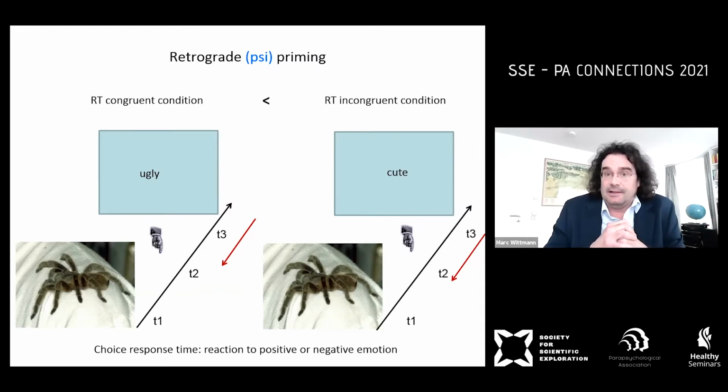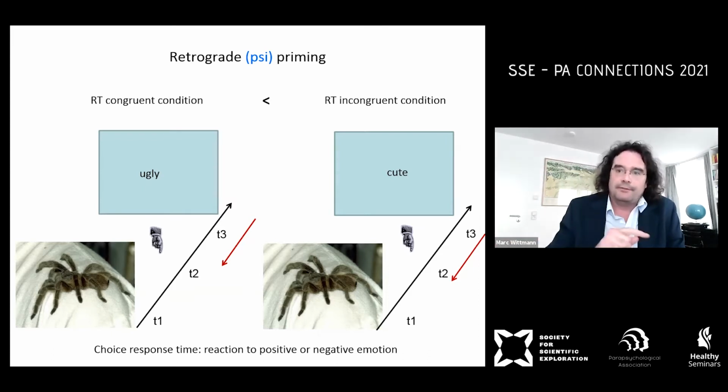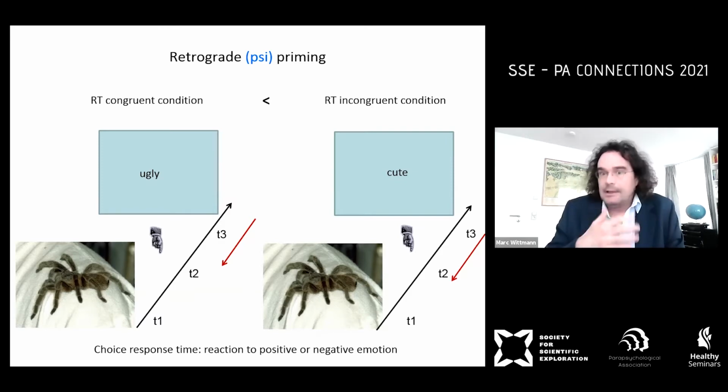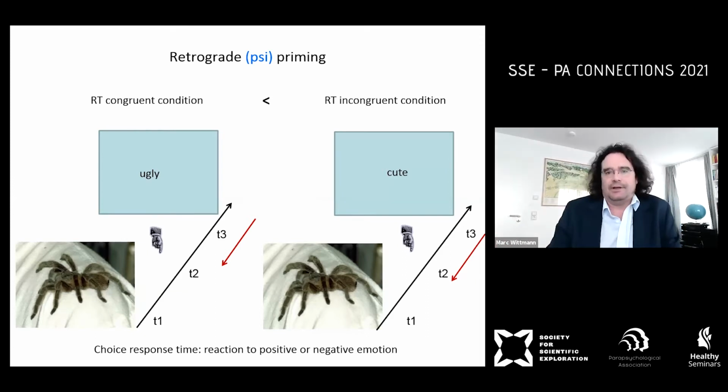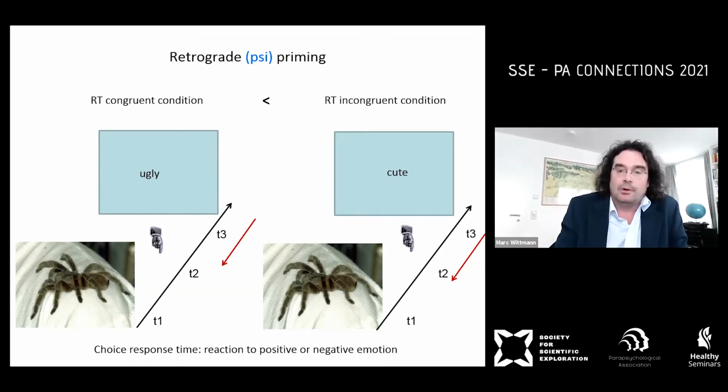And here suddenly what is found is that even here, we have this congruent versus incongruent effect: if the word following the photo is congruent, reaction time is faster than if it's incongruent. But why? How can this happen? Because the word is following after the button press. So this could be a psi effect, which we want to explore further.